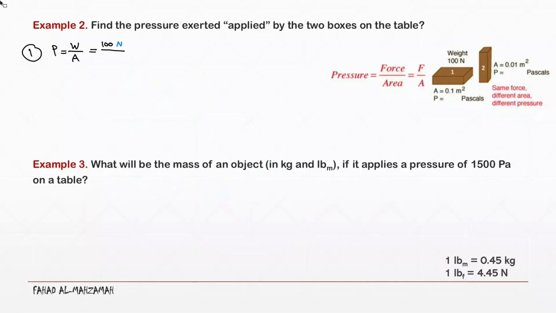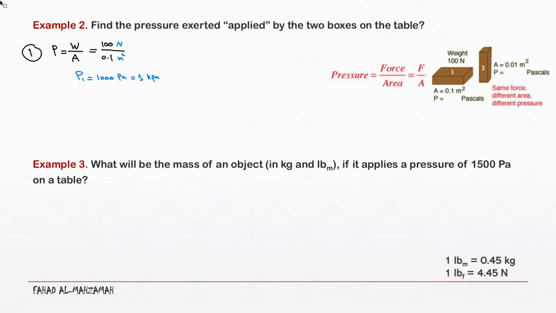This is divided by 0.1, and this is the area, which is square meter, and we said that a Newton per square meter is equal to a Pascal. So the answer here is 1000 Pascal, which is equal to 1 kilopascal. So this is the pressure of box 1.